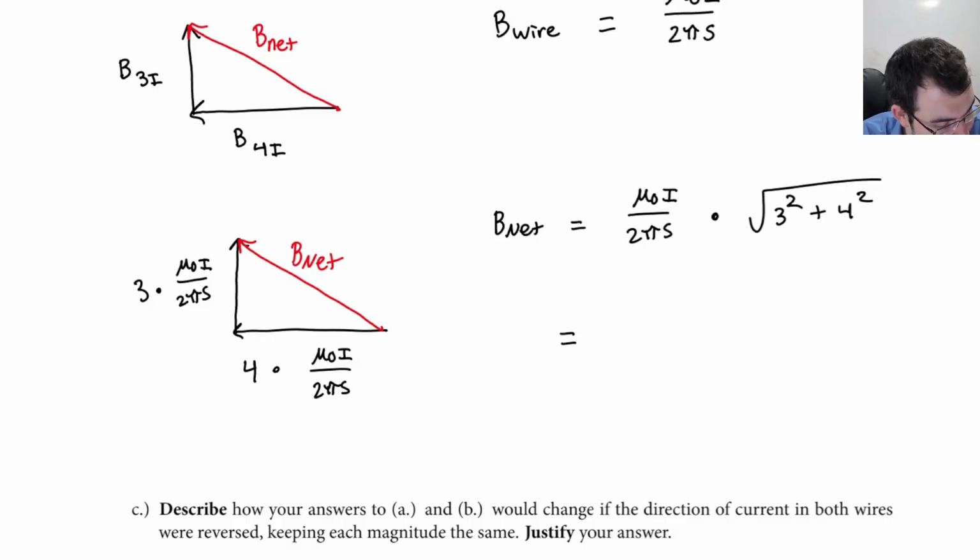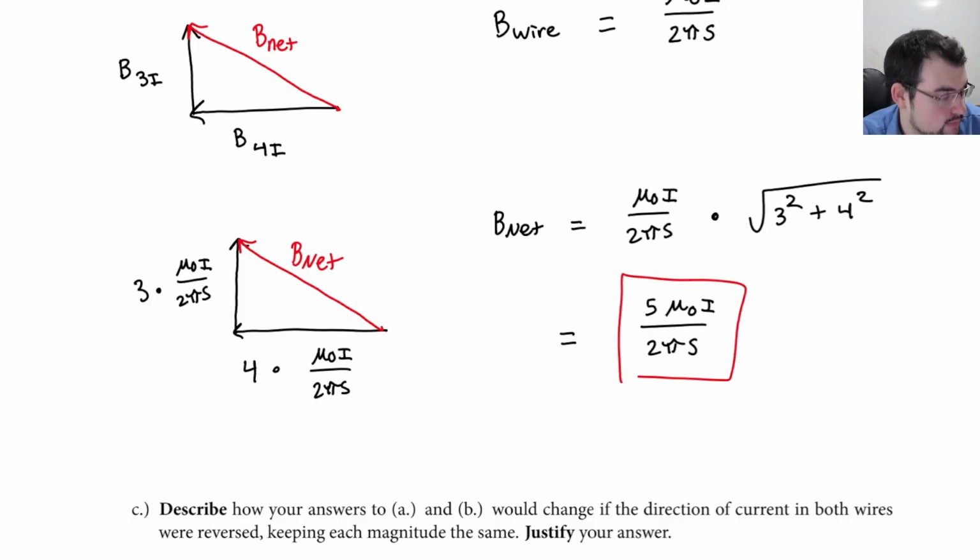Wow, it's a 3, 4, 5 triangle. Who would have guessed? So we get 5 mu naught I over 2 pi s, which would be the equivalent field of a wire of current 5I placed at one of the corners, or placed at one of those vertices.